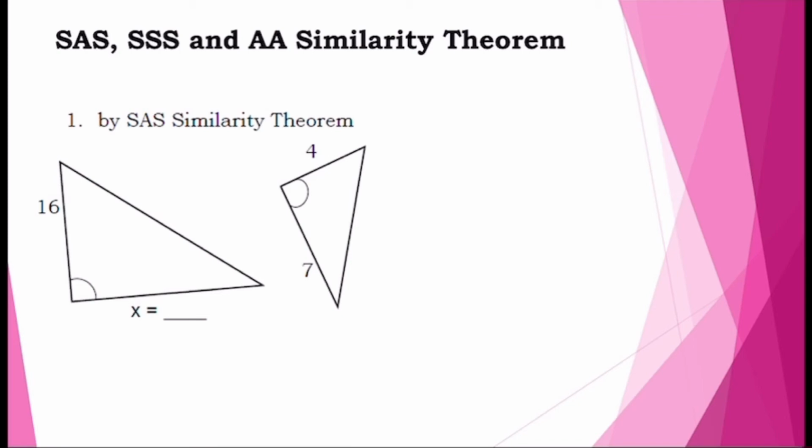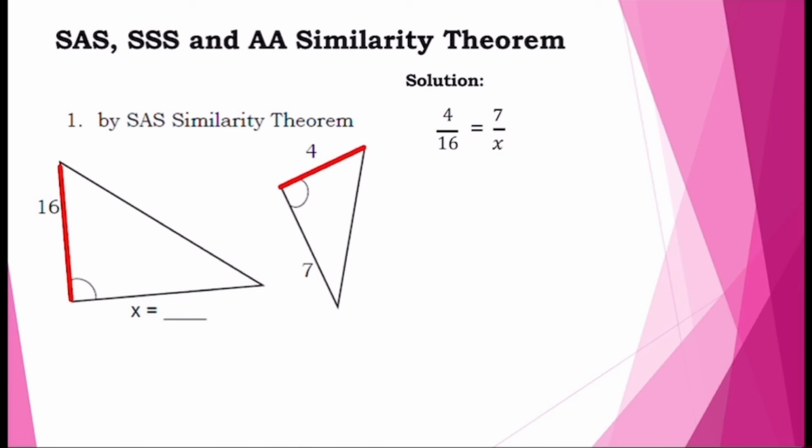For number 1, we have by SAS similarity theorem. So we need to find the value of x. For our solution, we will have 4 over 16 is equal to 7 over x.